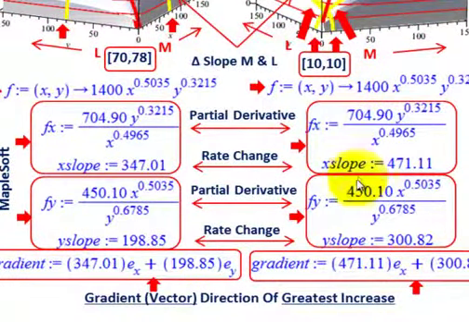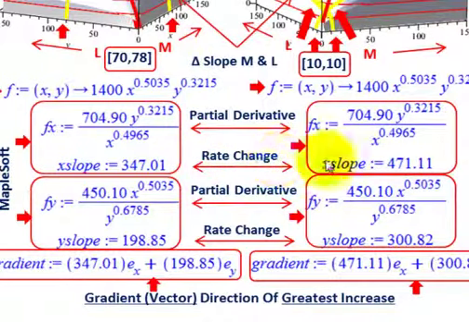If we look at our y slope based on those inputs of 10 and 10, we get 300.82. By comparison, looking at those first units of input versus our later units at 70 and 78, you can see the difference in the slope.